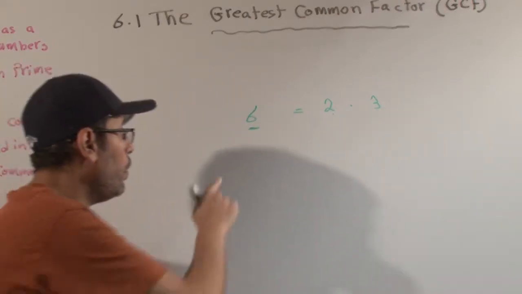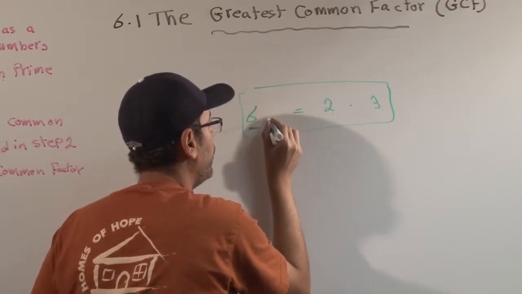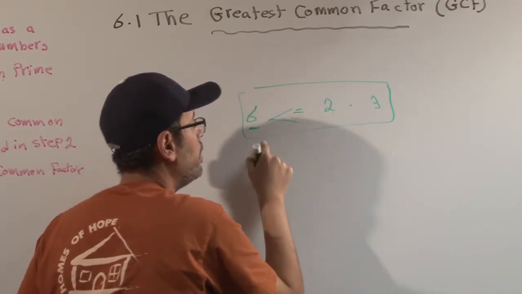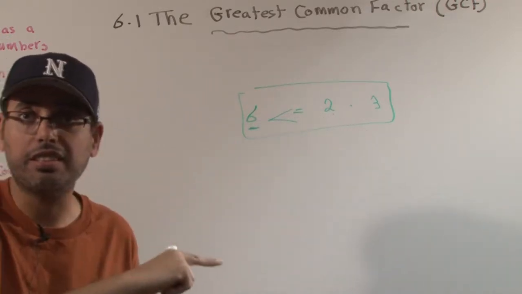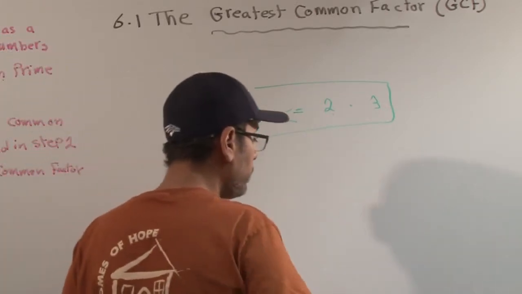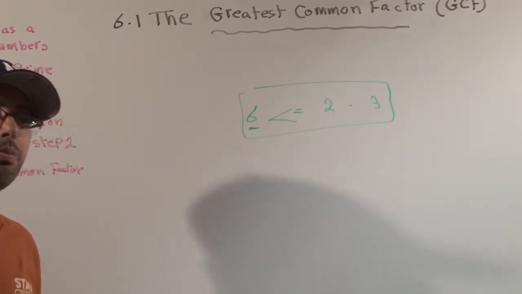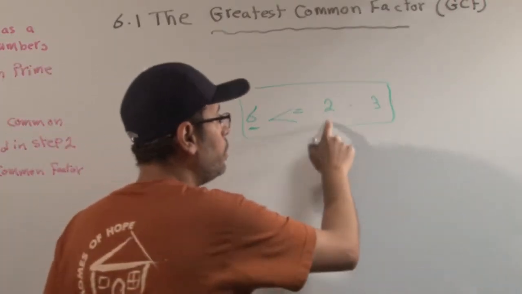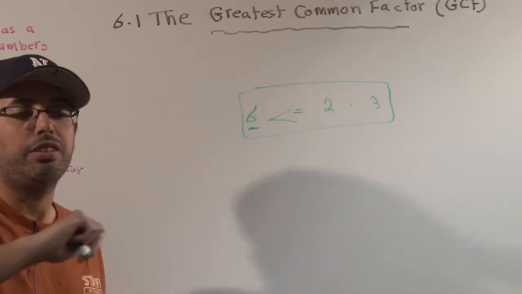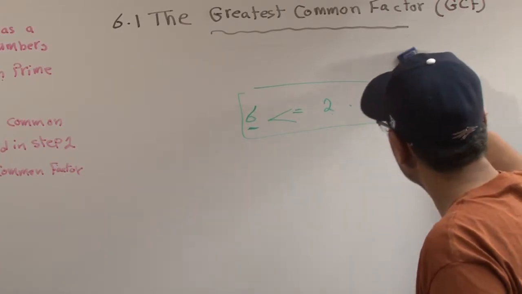I call this operation factoring: I factored 6 into 2 times 3. If I go back, I do a product, 2 times 3 equals 6. So this is the first thing.